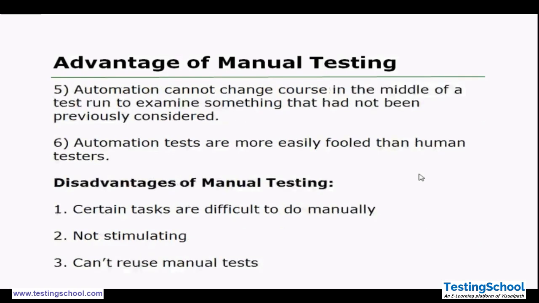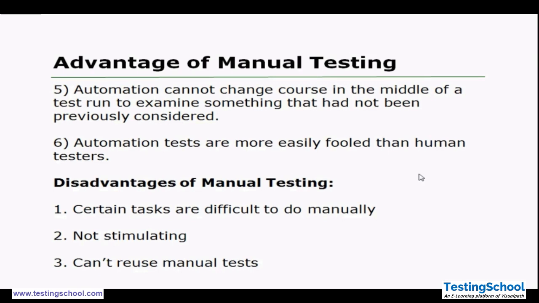In manual testing, you can also stop in the middle of your test and examine something that had not been previously considered. In automation testing, if it is not considered, you lose it. But in manual testing, you can start covering more scenarios. The disadvantage of manual testing is that certain tasks are difficult to do manually.